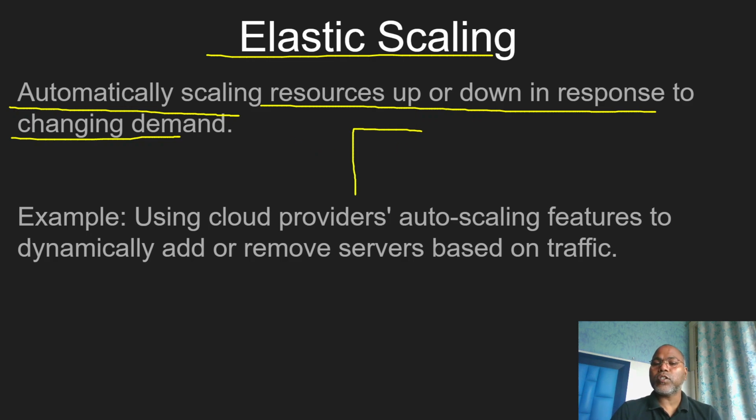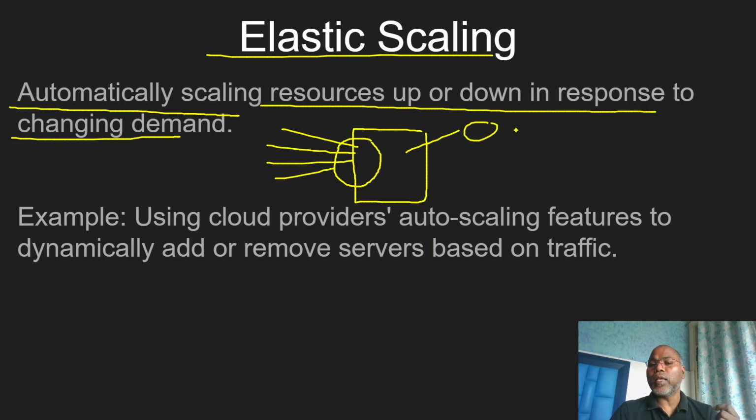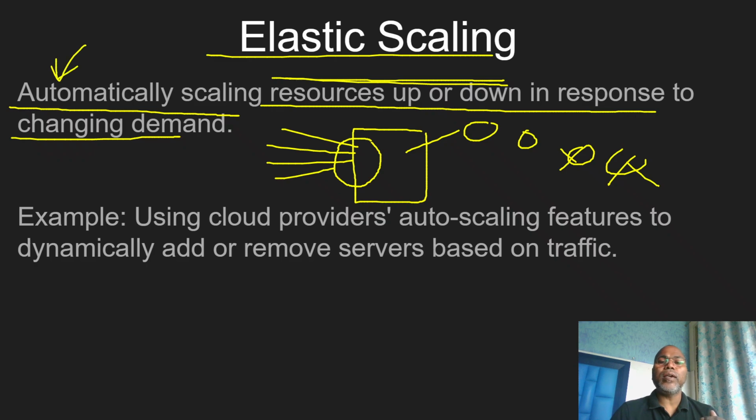That means whatever user requests come, they know what system load is coming, and accordingly, internally and automatically, they can increase our services, our database, our server and microservice instances. And if our load is very low, they automatically scale down. So resources going up and down, both done automatically, is known as elastic scaling.